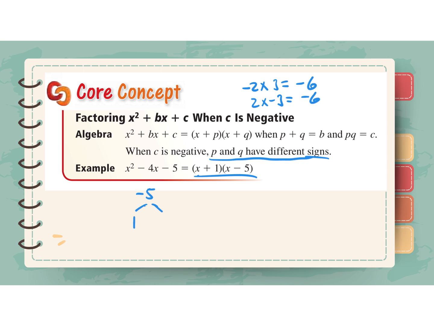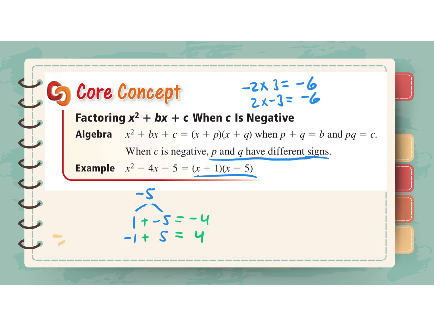So it can be either a positive 1 and a negative 5, or a negative 1 and a positive 5, right? And I want to combine them, right? So if I did 1 plus negative 5, that's going to get me a negative 4. And if I did a negative 1 plus 5, that's going to get me a positive 4.